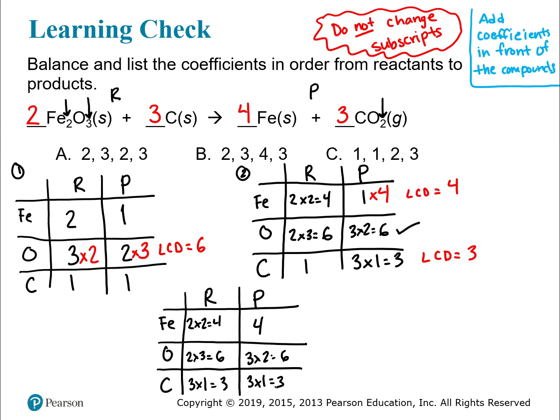And we have the same on the product side. So that means we are balanced. The question is asking for you to list the coefficients in order from reactants to products. So you're just going to give the numbers in front of each of these compounds, starting at the far left and going all the way to the right. So that's 2, 3, 4, 3, which is B.